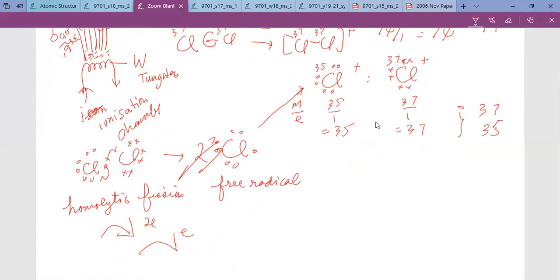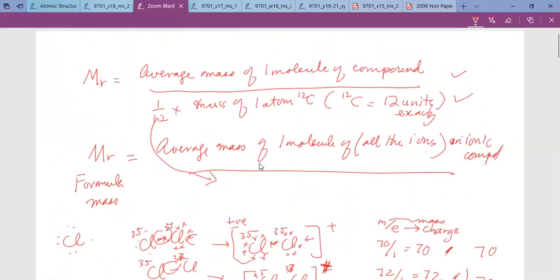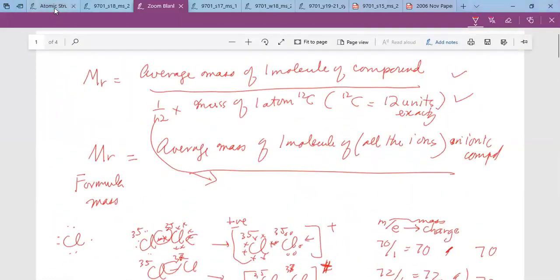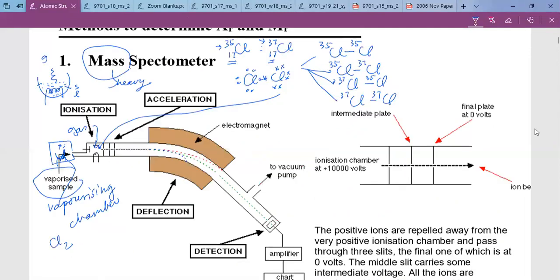Why? Because as all these are formed, I'm going to go back to here. They are passed through these plates, called acceleration plates. There are 3 plates. This one is 110,000 volts. Remember, everything that comes out here is positive ions.